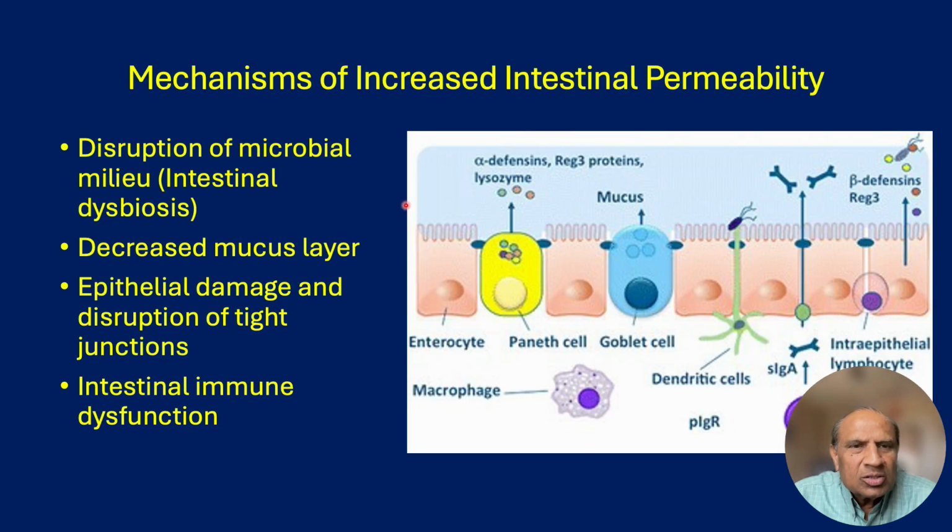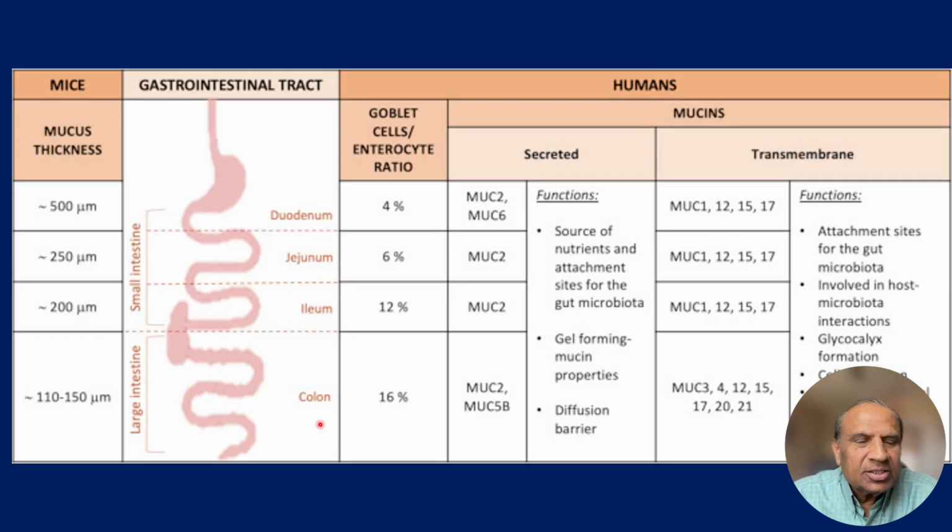The next cause of increased intestinal permeability is decrease in the mucus layer. Mucus is secreted throughout the gastrointestinal tract from stomach, small intestine, and the colon. The mucus is secreted by goblet cells. Goblet cells are present in the intestinal lining, and they increase in number.